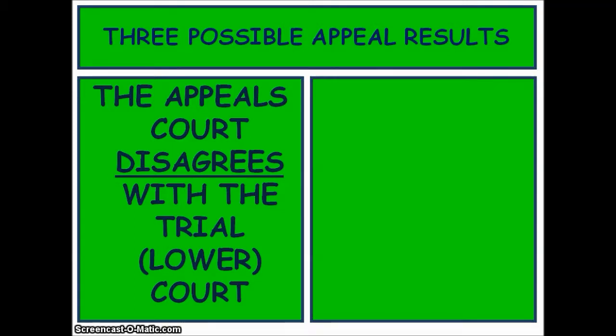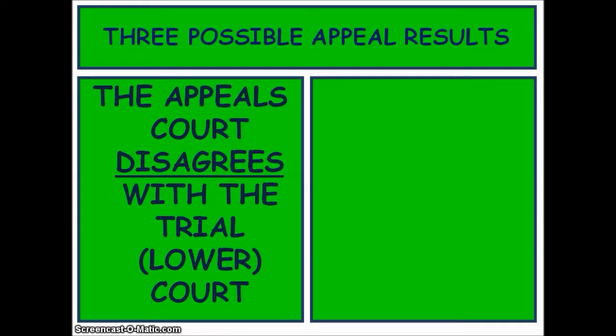So if that was the situation in the example we looked at, that would mean that the appeals court agrees that the search was illegal, the wiretaps were illegal, and so the evidence that was found within those wiretaps would be inadmissible in a court of law.